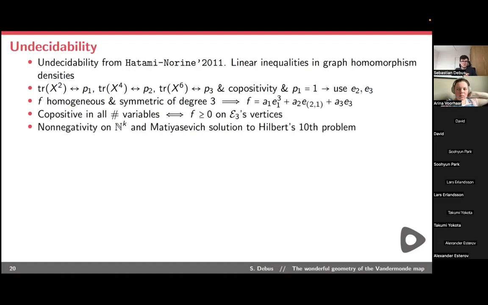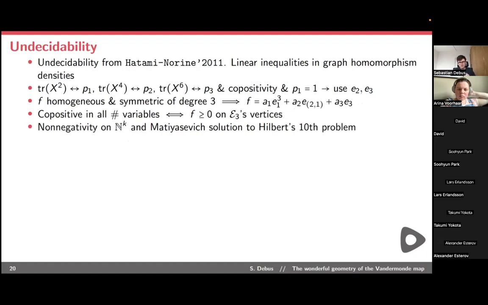And what Hatami and Norine do is relate non-negativity of such a hook-shaped symmetric polynomial on the vertices of more or less the same set as ours here at infinity, to non-negativity of polynomials on n to the k.